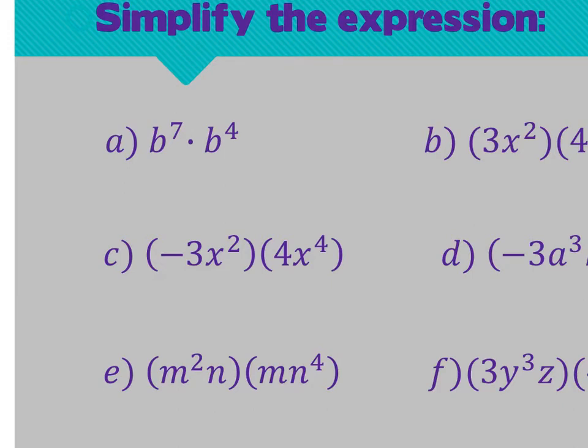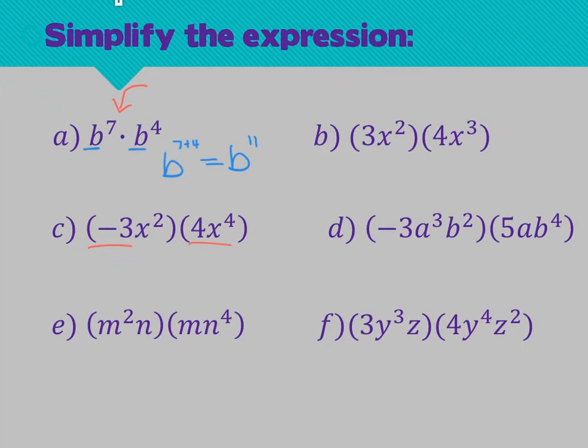You probably realized after Algebra 1 that they no longer use x as a times sign. They represent it either with a dot in the middle, or they write two parentheses around the two numbers or the two expressions. On this problem, notice my bases are the same. They're the letter b. So all I have to do is write b, add 7 plus 4, and this becomes b to the 11th power.